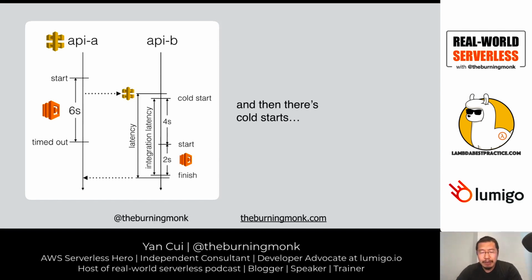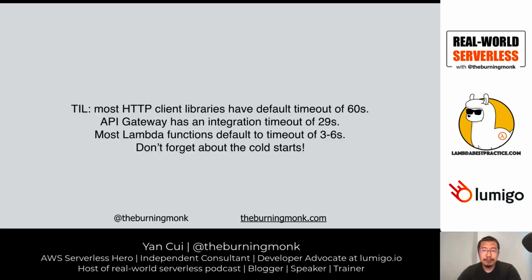For example, if you have a function written in Java using lots of heavy dependencies, it's quite possible for you to have a cold start of a few seconds. So even if you expect this function's timeout to be configured at 3 seconds, the actual response time that the caller can expect can be much longer than 3 seconds, because you have to factor in how long the cold start itself takes as well.